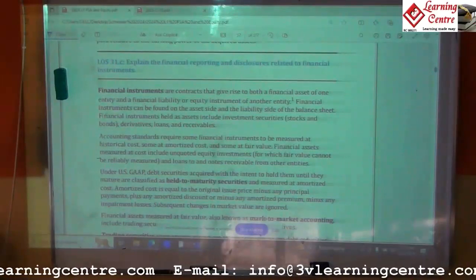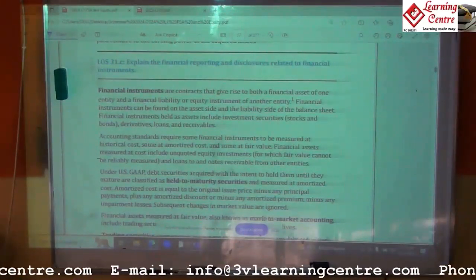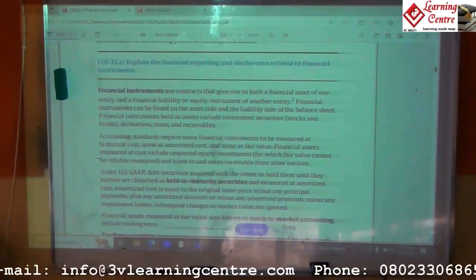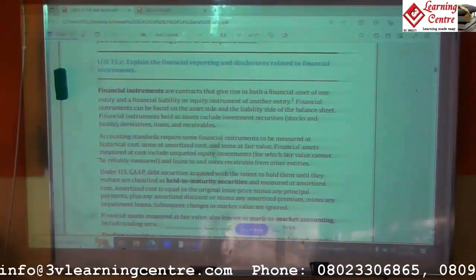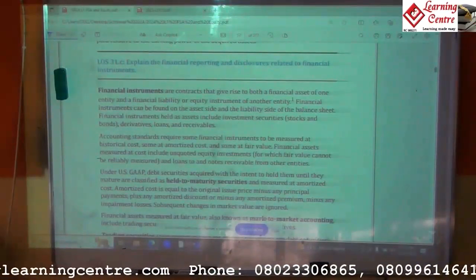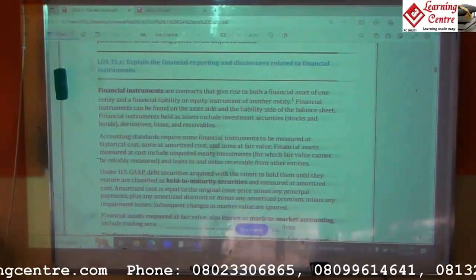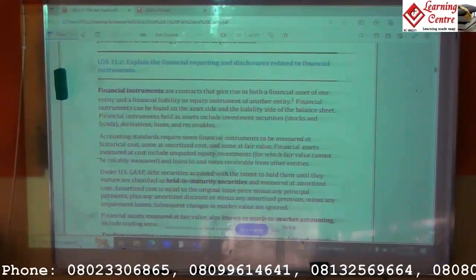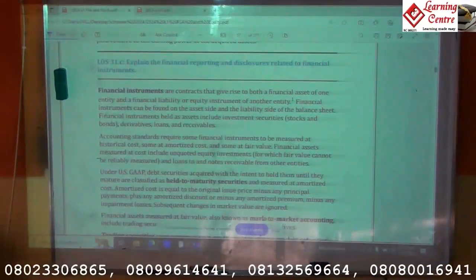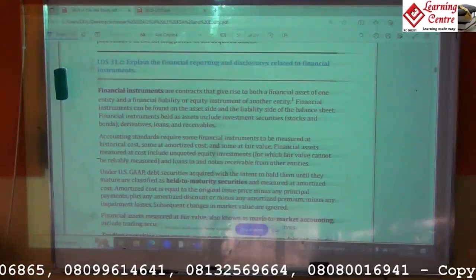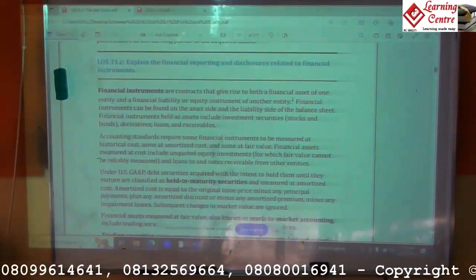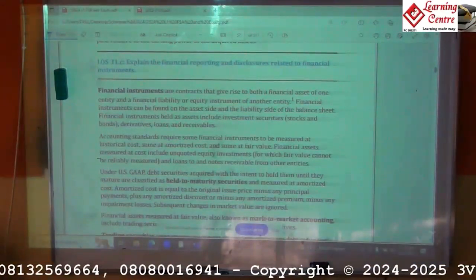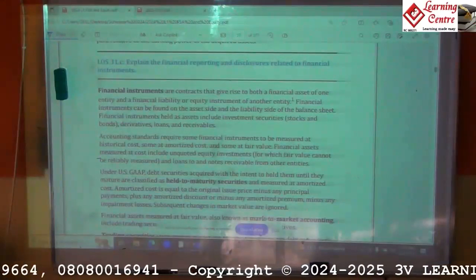A company that does not use machines, maybe a fintech, or people who do software, basically they don't have any such assets. They don't put anything in the balance sheet, so they don't have to prepare anything for PPE.